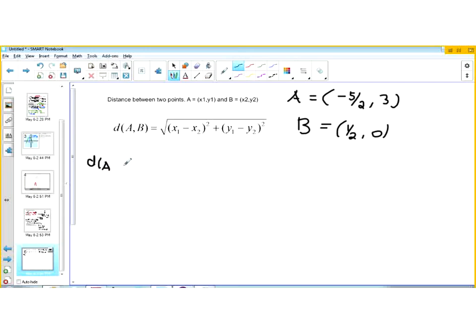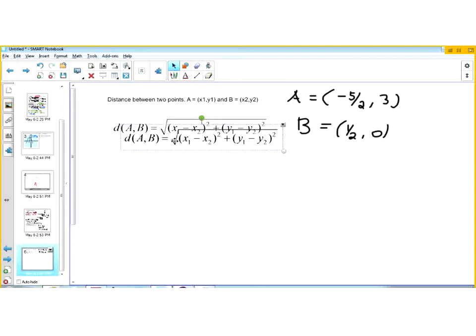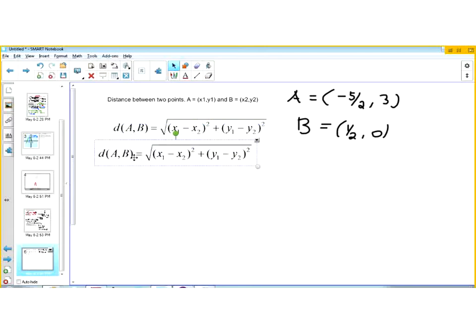So D AB is equal to, let me see if I can copy this. Control C, Control V. So DAB, is there an edit mode?